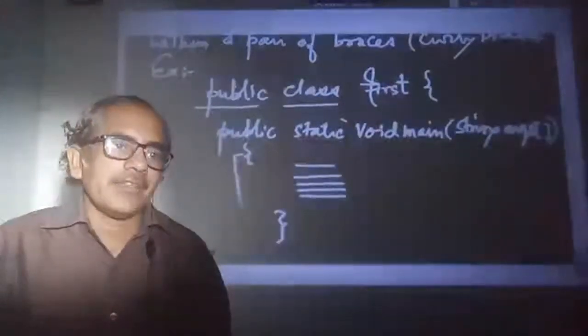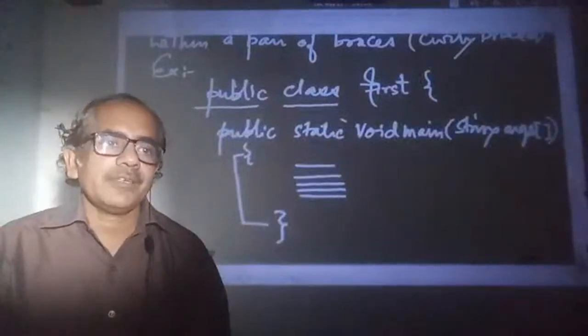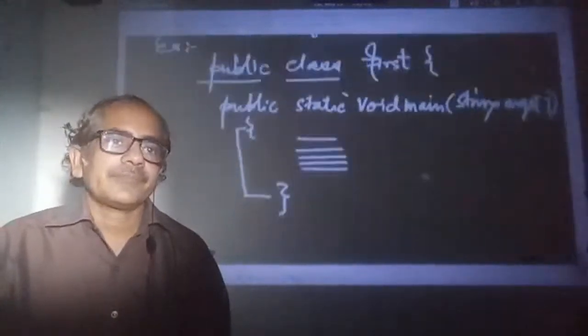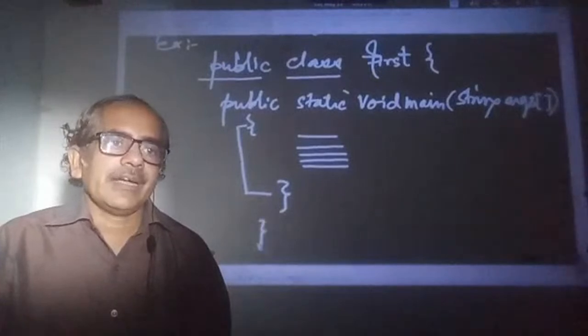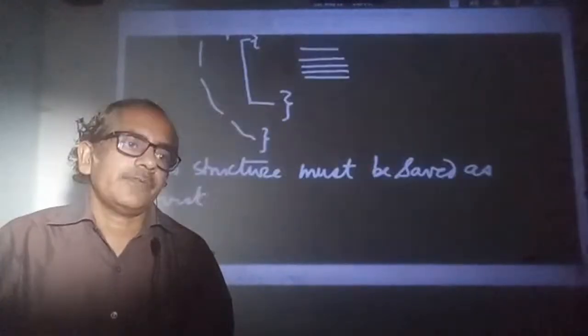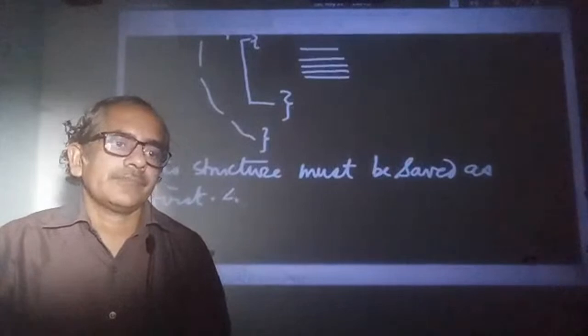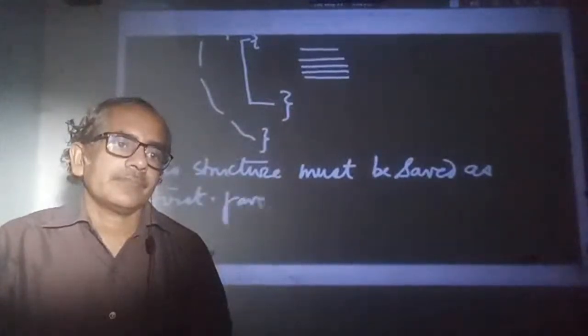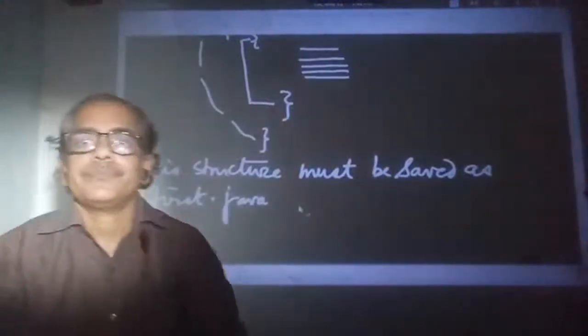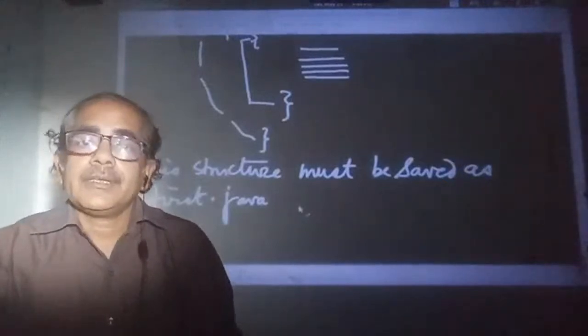So this and this marks one block, and then again a close, then here dot Java. इतना तक आपको करना है.